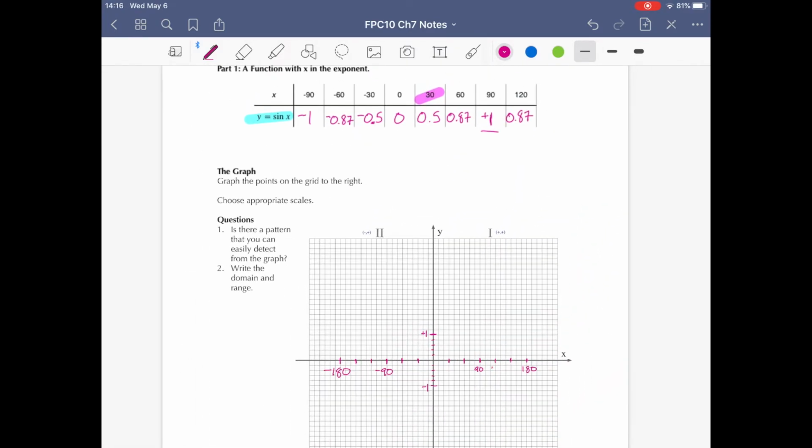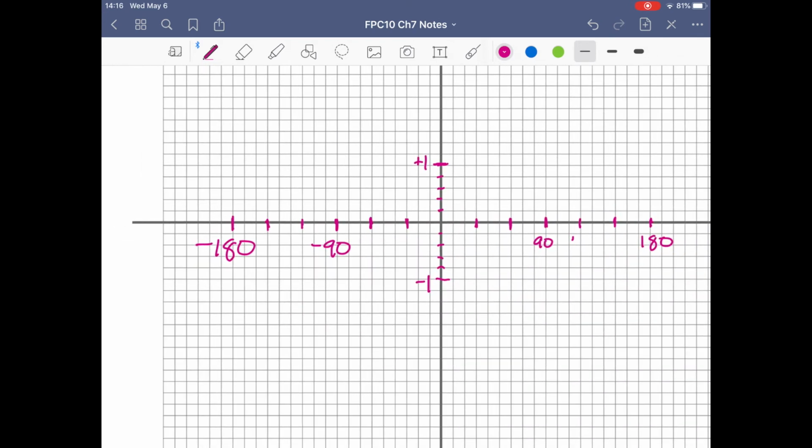Now let's put on our points. At 0, the graph is 0, right there. At 30, the graph is plus 0.5. At 60, the graph is 0.867. So this line right here is 0.8, so it's going to be just up here.